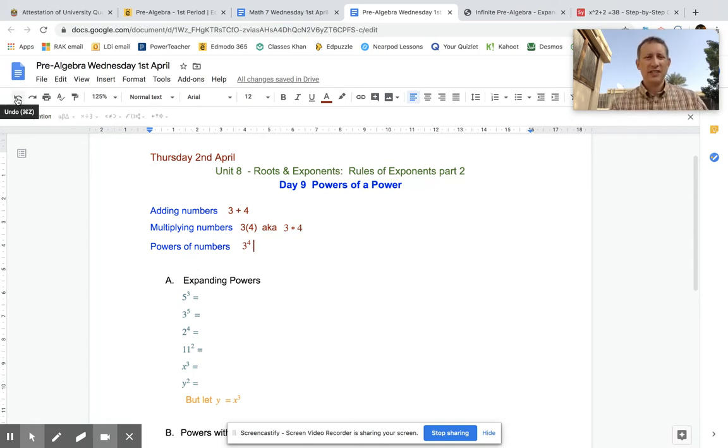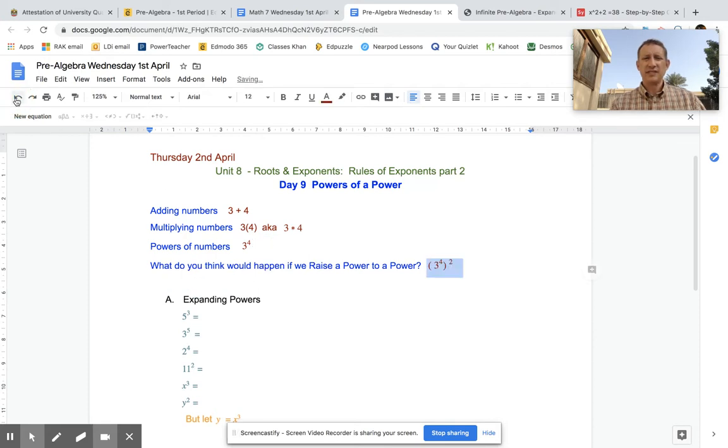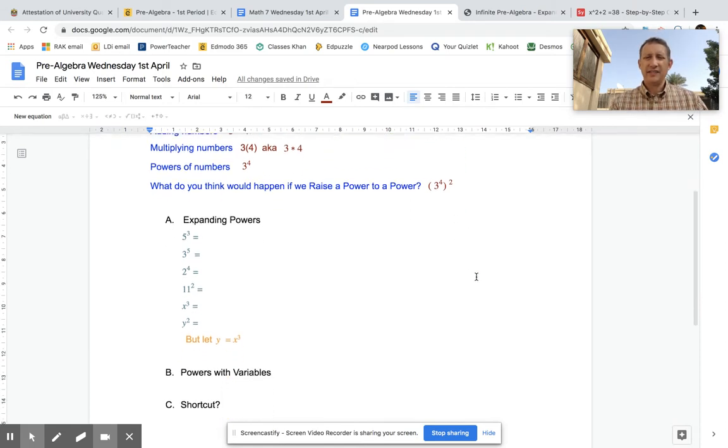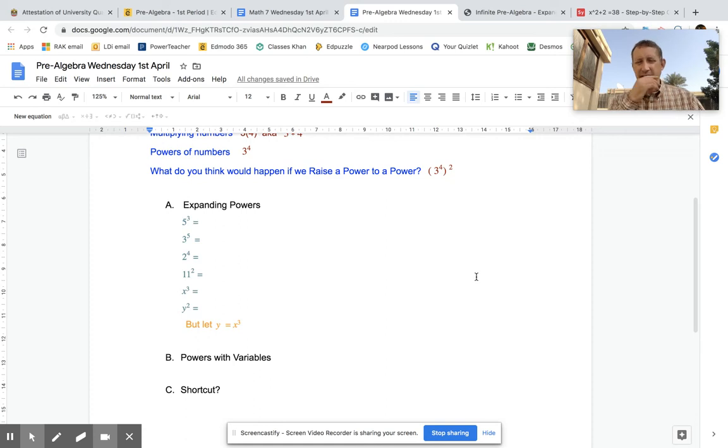So the question is, what does it mean to raise a power to a power? What does it mean if I'm having an exponent and then the exponent is raised to an exponent? It'll look something like this. What if I take 3 to the 4th raised to the 2nd power, or 3 to the 4th raised to the 3rd power? Well, that's what our lesson's about today.